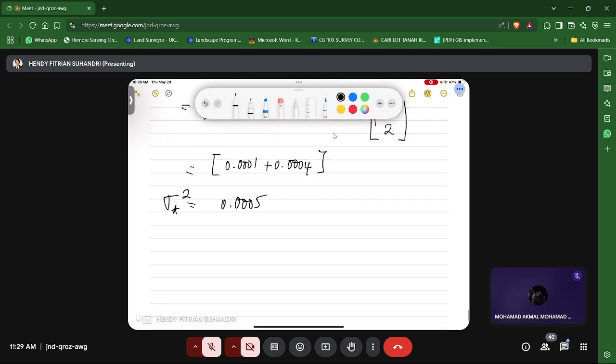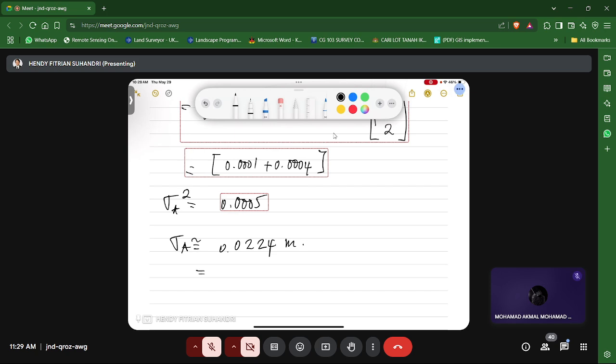The standard deviation is the square root of 0.0005, which would be around 0.022 meter. Let's say 0.0224 meter. So I can say that in centimeters, 2.24 cm.